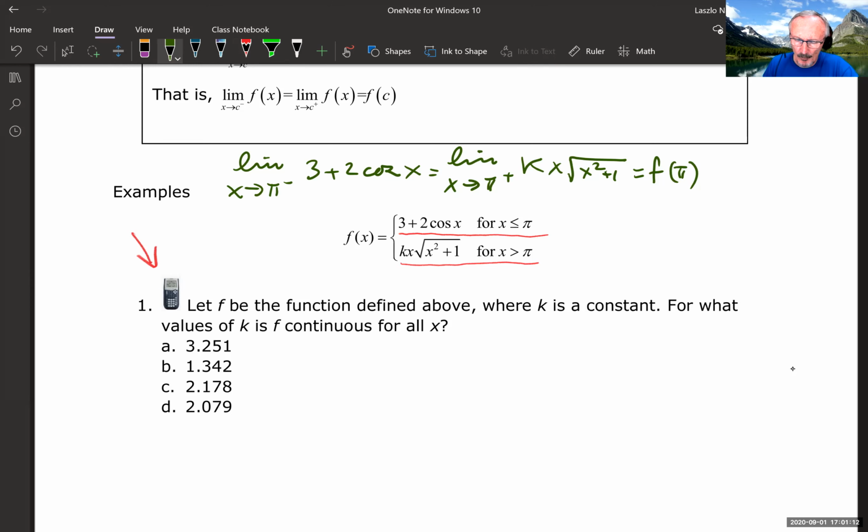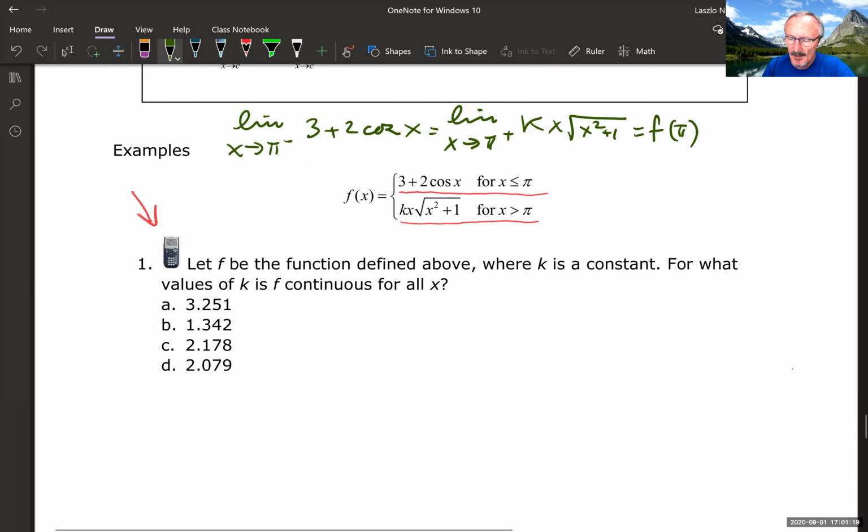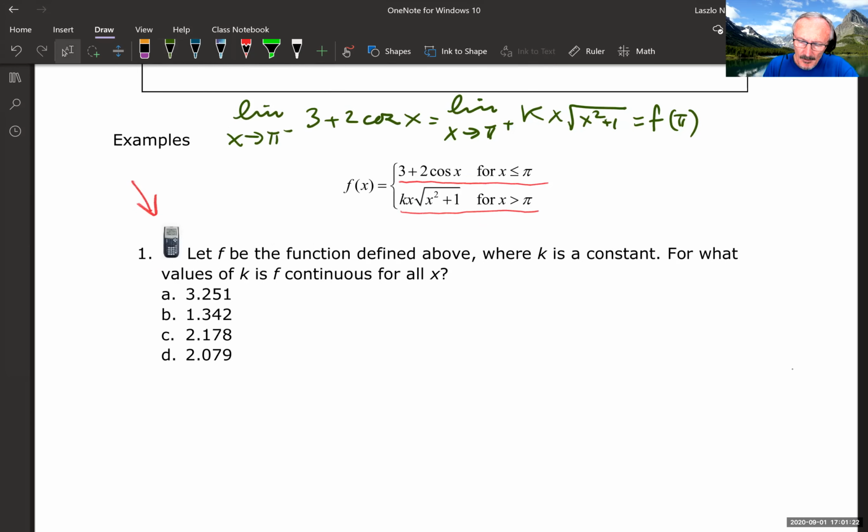Okay. However, let's take a look at what we are looking for. I think we can set this up as an equation, and we can't just go directly to the calculator, but what we can do is set this up as 3 plus 2 cosine of x equals k times x times the square root of x squared plus 1.